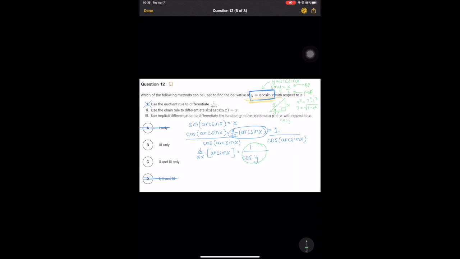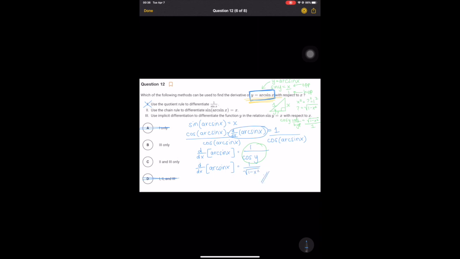So cosine of y, remember, cosine means adjacent over hypotenuse, which is our question mark, square root of 1 minus x squared, divided by hypotenuse, which is just 1. Alright, so going back to our equation down here, we can fill it out now. That means that d dx of arc sine of x is 1 over square root of 1 minus x squared.